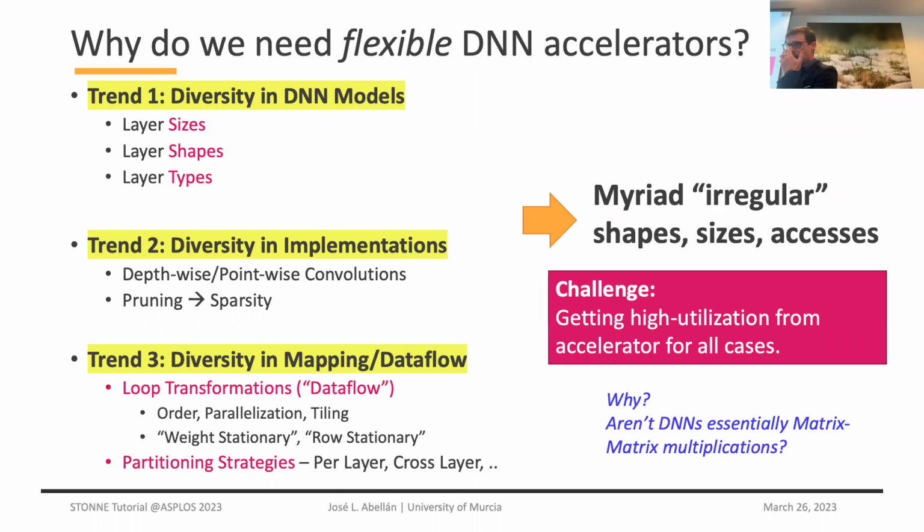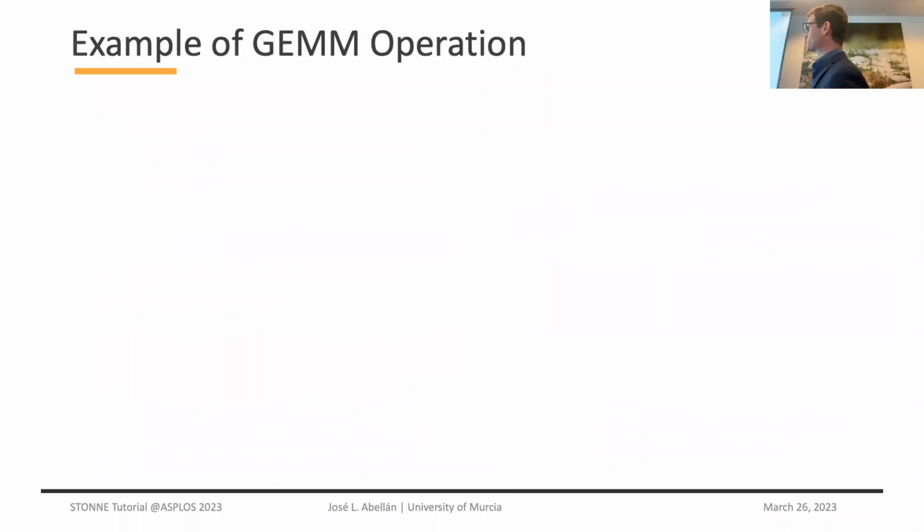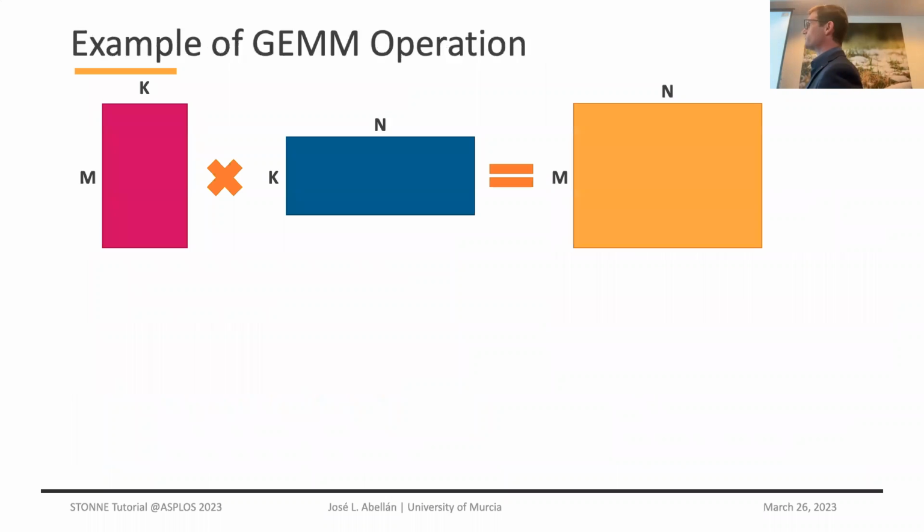But wait a little bit. Is DNN just a matter of GEMM operations, matrix multiplications? Yes, but there are some important aspects that we need to consider. Imagine that we have this GEMM operation.